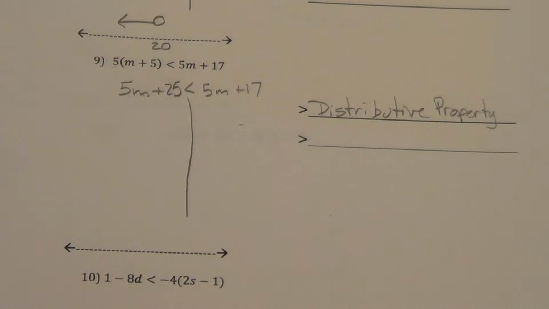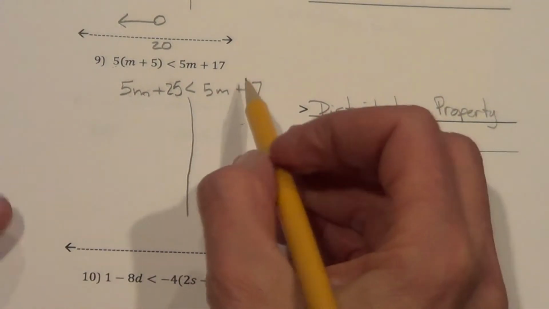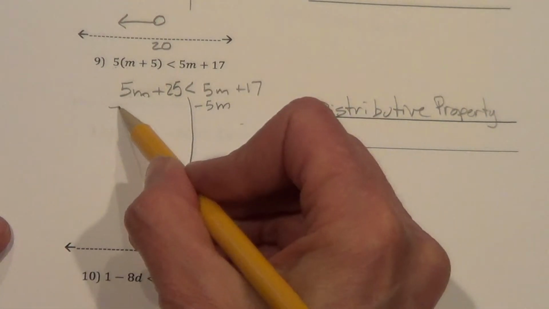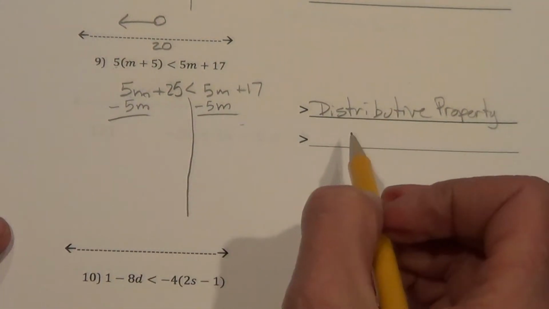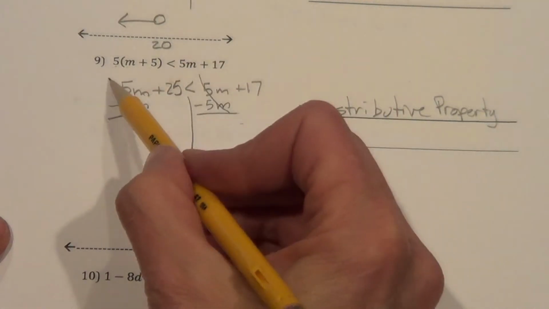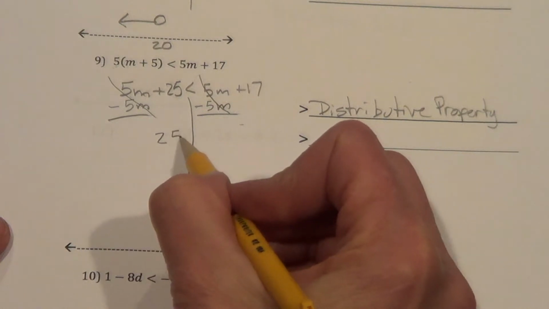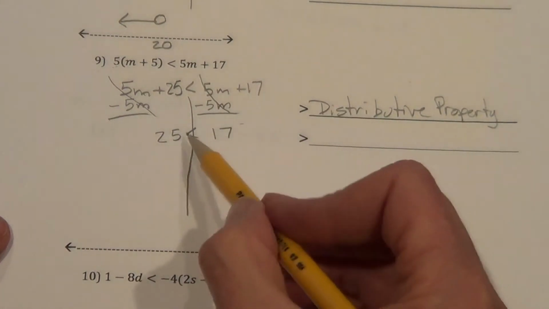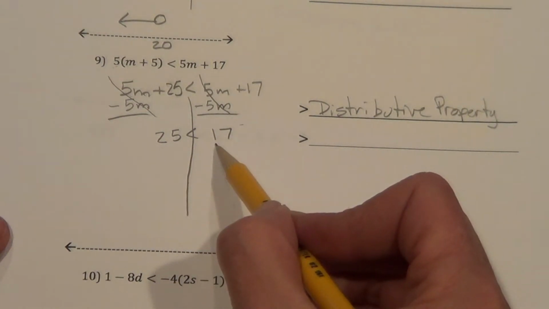Now we need to gather the m's on the left-hand side. It is an inequality. I require you to bring them to the left. So we subtract 5m to get rid of them over here. Line it up with the m's on that side. And what we find is something rather unique. 5m minus 5m wipes out. 5m minus 5m wipes out. We no longer have any variables. All the creepy dudes are gone, and we're sitting with an inequality that is not true.